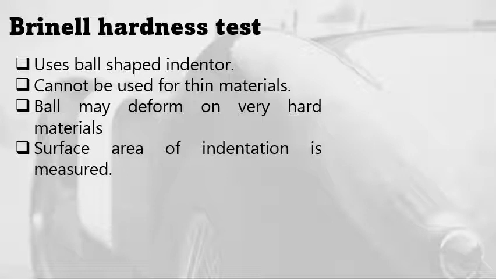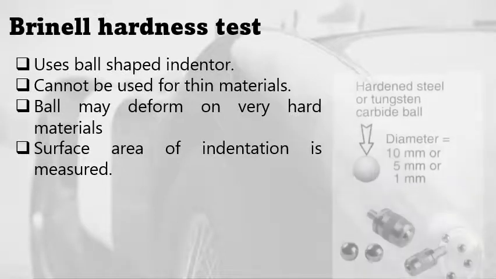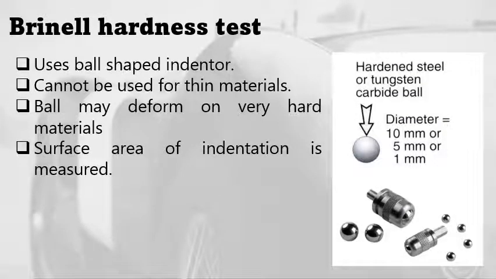The surface area of indentation is measured. So you can see here the hardened steel or tungsten carbide ball that's used for Brinell hardness test. The diameter can be 1 mm, 5 mm, or 10 mm. So this is the indenter for the Brinell hardness test.